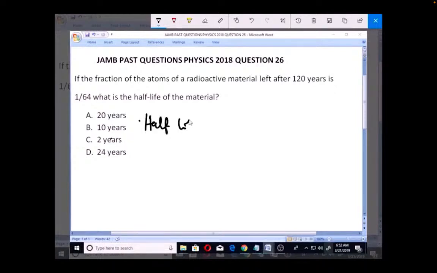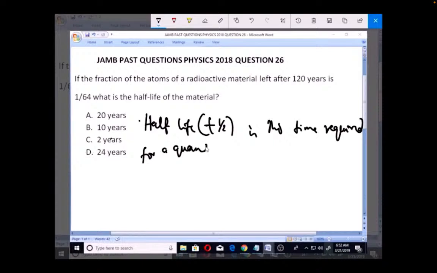So half-life, represented as T half, is the time required for a given mass or quantity to reduce to half of its initial value.